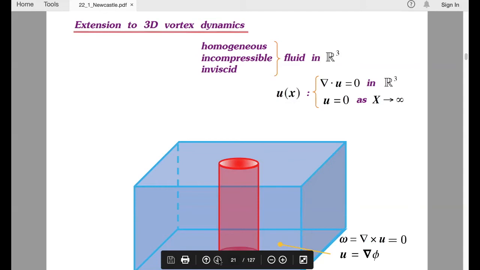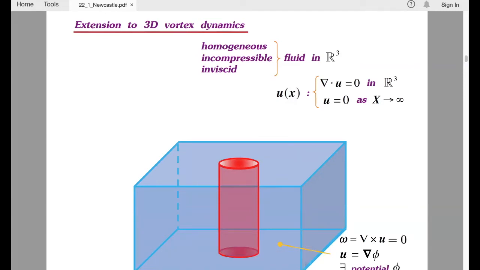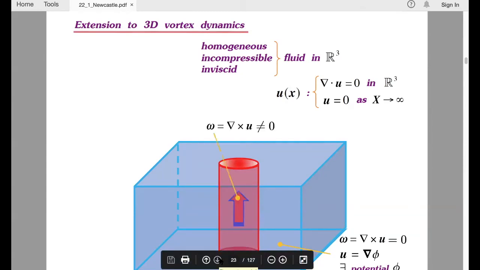And evidently, if u is given by grad phi, you will have curl of u, curl of grad phi, equal to 0. It means that we have indeed a potential that is well defined around that. And in the region where you may think the vorticity is localized, the curl of u is different from 0, and there you don't have a potential.